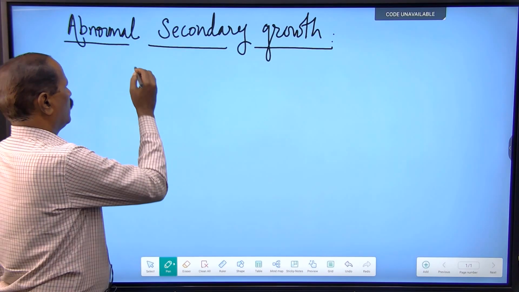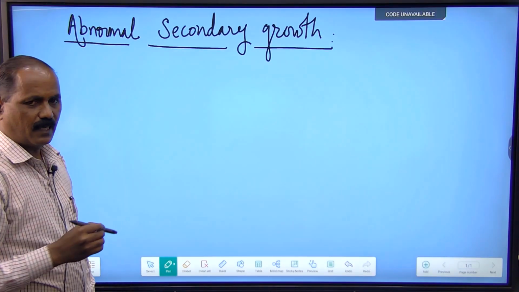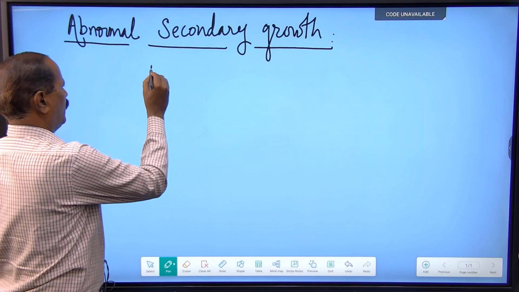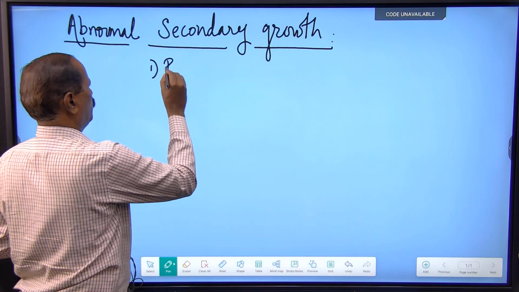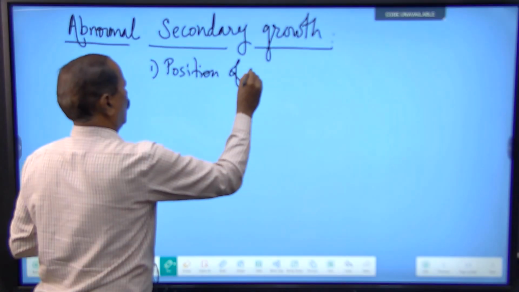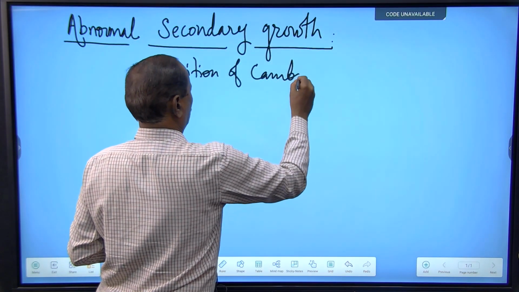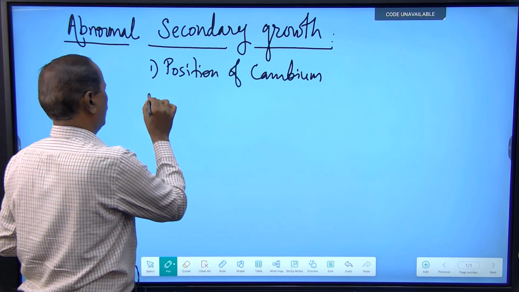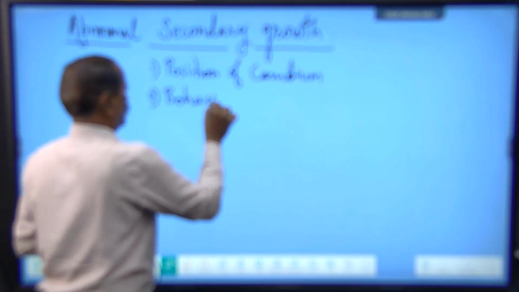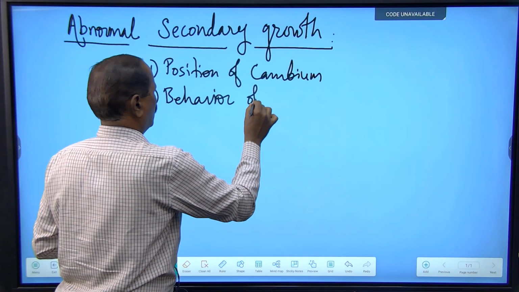So the abnormal things are decided in two ways. One is the position of cambium, and second is the behavior of cambium.